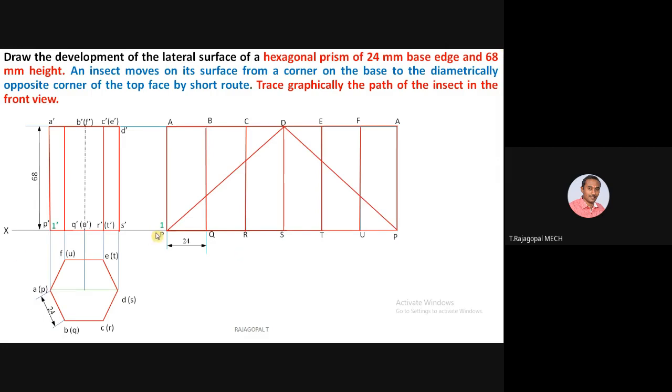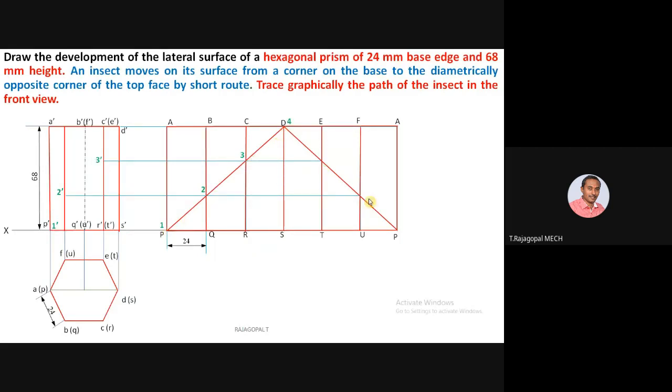Now you see P to D, the corners. P dash is the bottom base corner. Top face corner is D dash. Diametrically join P to D, then join D to P. Now you have to reverse your procedure from this development to identify the cutting points. So 3, you can start from here, 1, 2, 3, 4.